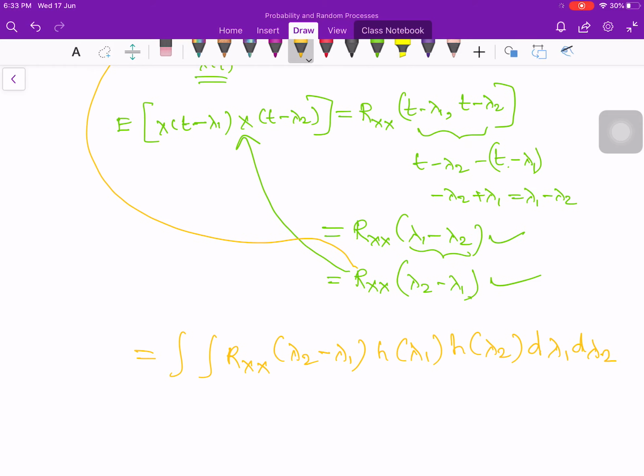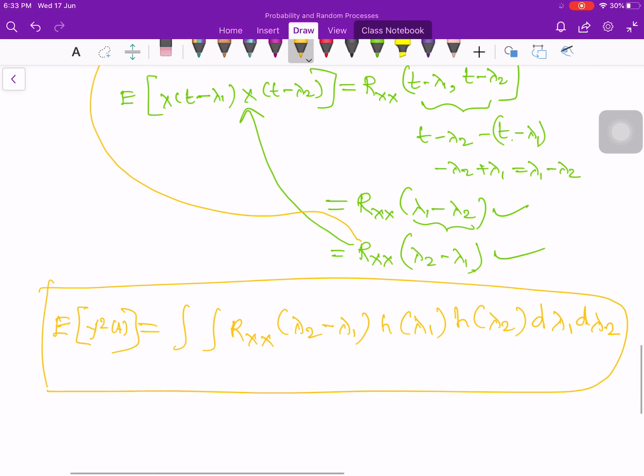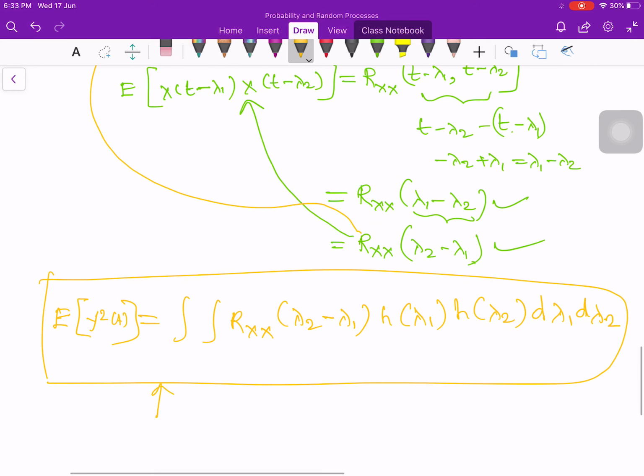This is the expectation of y square of t.